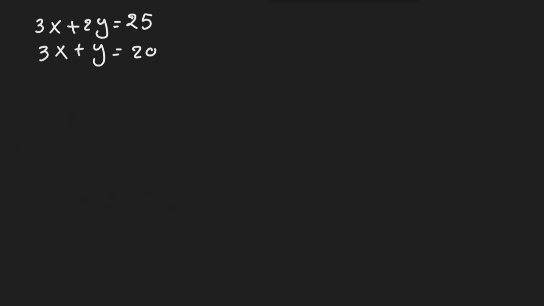Okay, let's solve this question. In this question, we have 3x plus 2y equal to 25 and 3x plus y equal to 20.